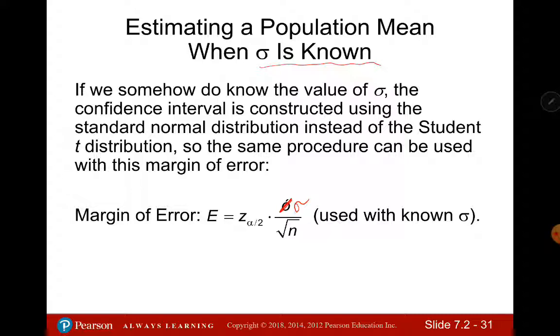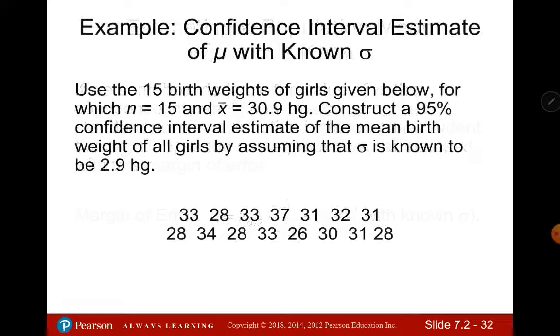If you use sigma, you need to use Z. Again, if you use the value of sigma, then you use Z to get the margin of error. So the remaining part is just the same. We get the point estimate, we get the margin of error, then write point estimate plus minus margin of error.